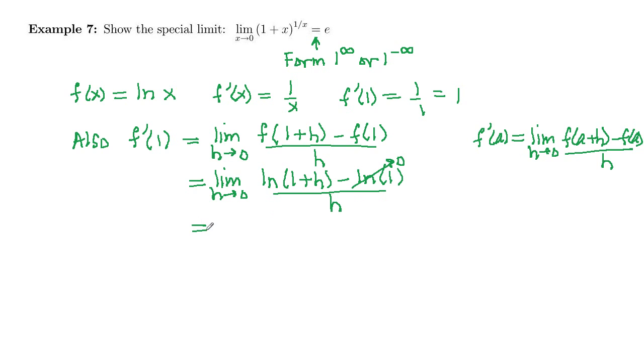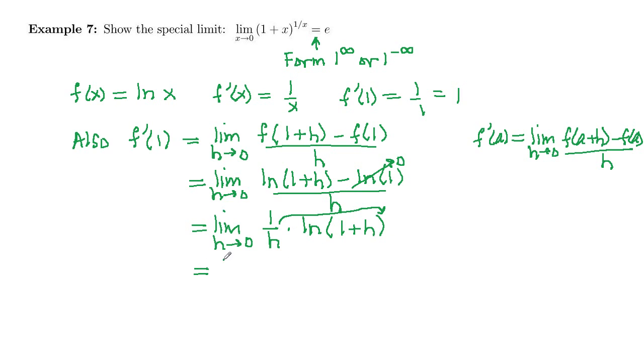So this is really just the limit as h goes to 0 of ln of 1 plus h over h. I'm going to write that as 1 over h times the natural log of 1 plus h. And remember, numbers out in front, we can take and put up as an exponent inside, because they factor down, they factor back up also.